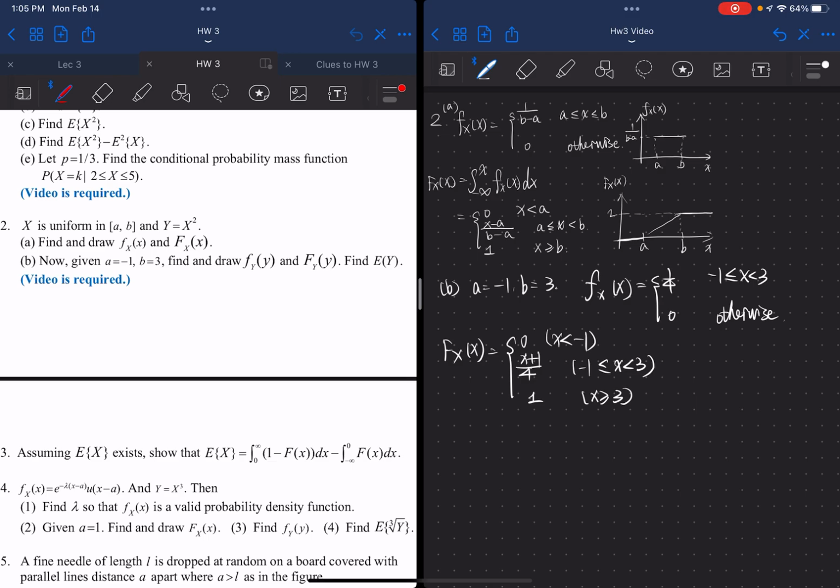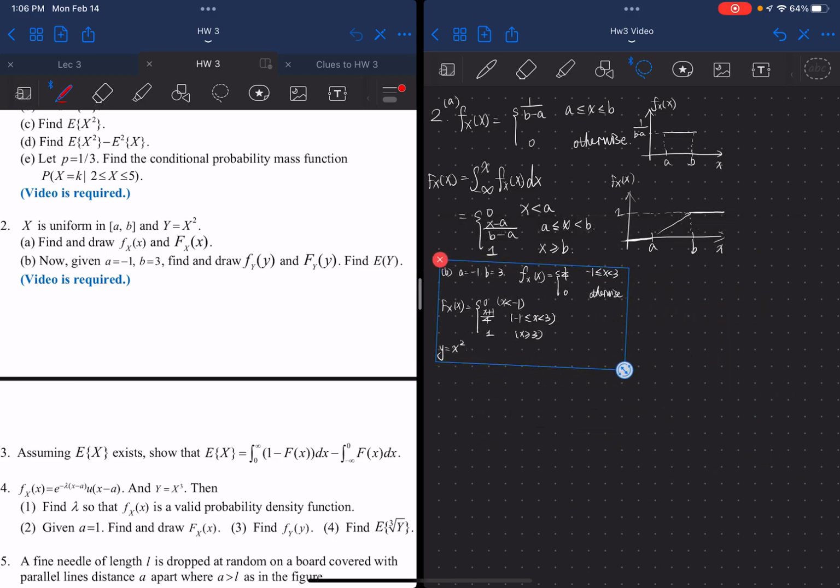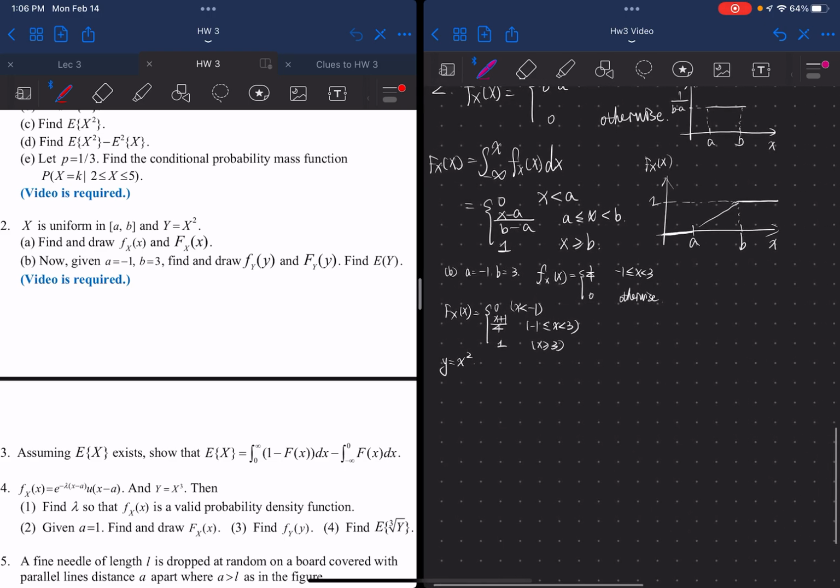And now we are given that Y equals X to the power of 2. We need to calculate the probability density function of Y and the distribution function of Y. As we can see here, there are 3 segments of the distribution function of X, which are these 3.